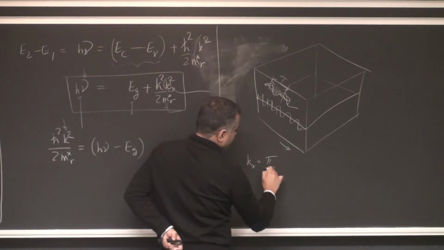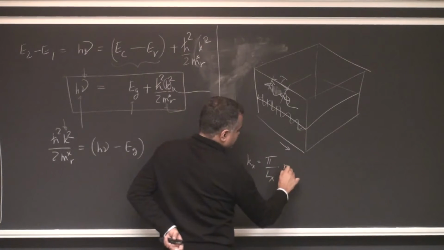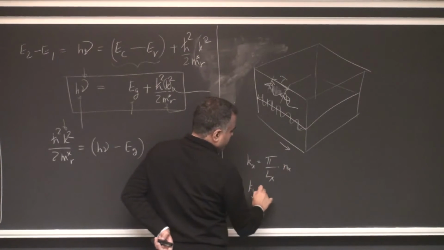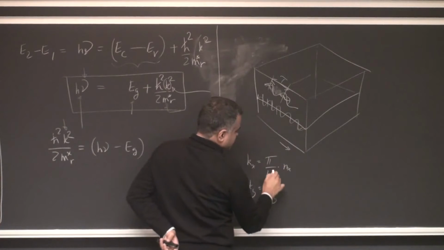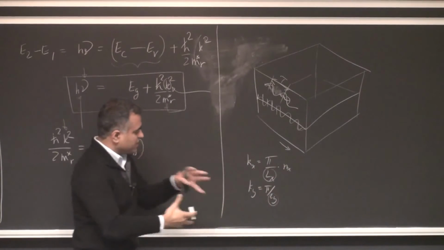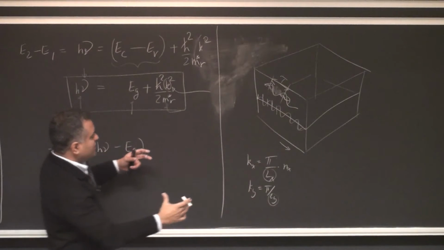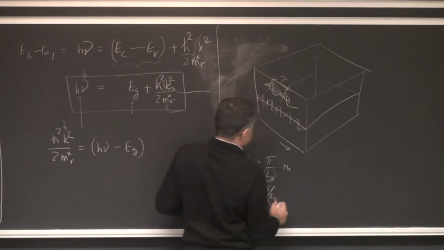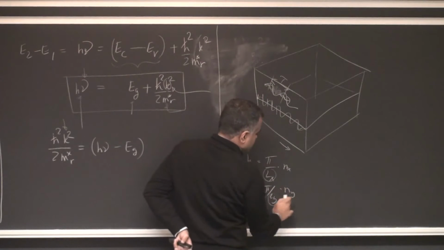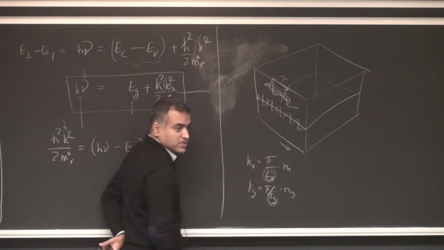So I should have pi over Lx times some integer, similarly for Ky. These are the macroscopic dimensions of the device. If you built a 100 micron or even a millimeter size PN diode, then these lengths are in millimeters or microns. It's a very large length.